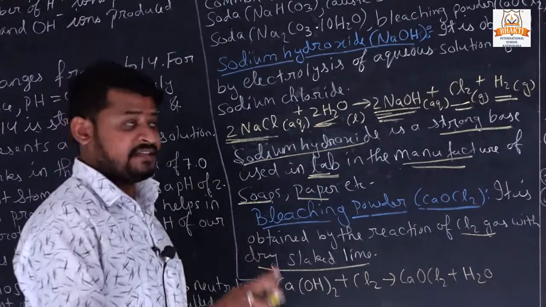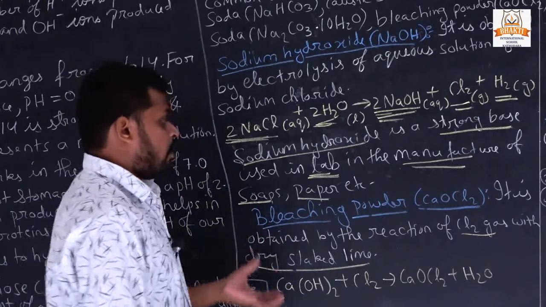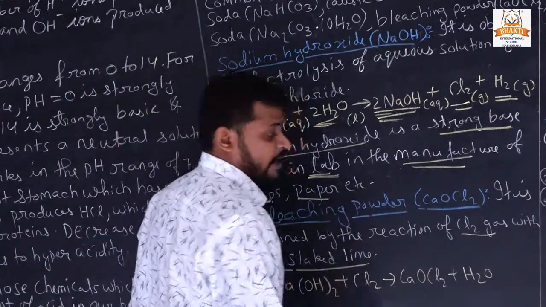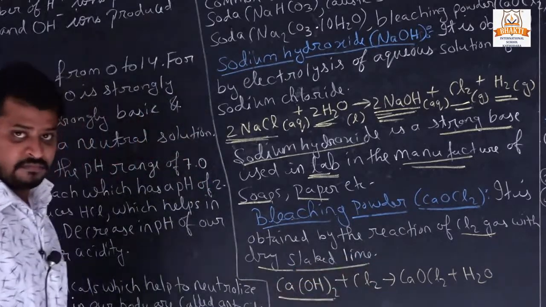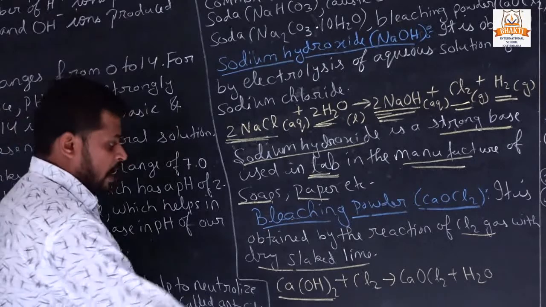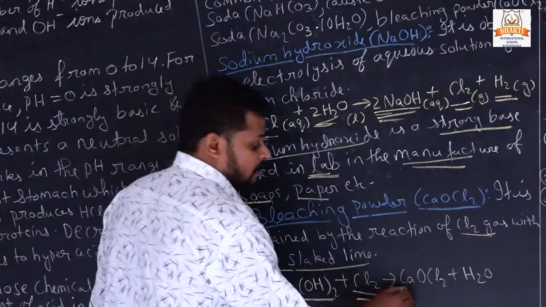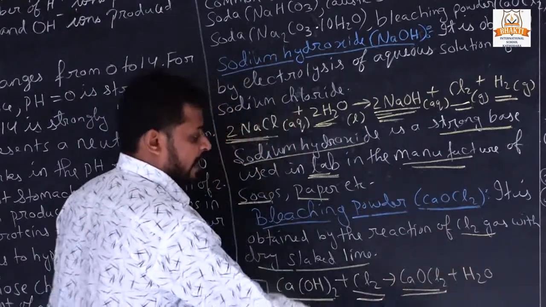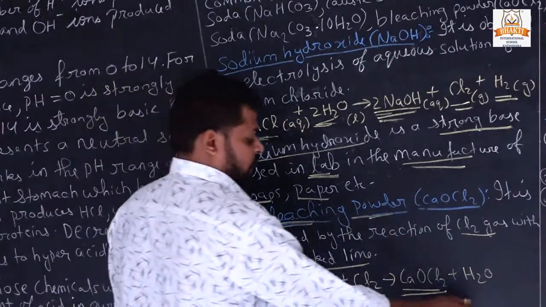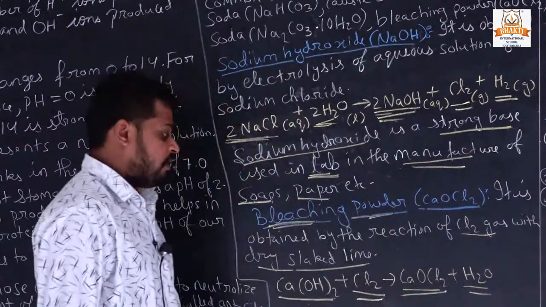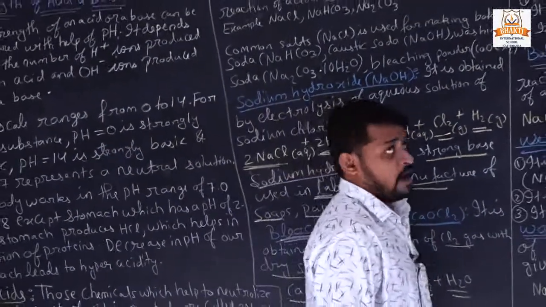When we react dry slaked lime, calcium hydroxide, with chlorine gas, it gives us as products CaOCl2, which is bleaching powder, and water.